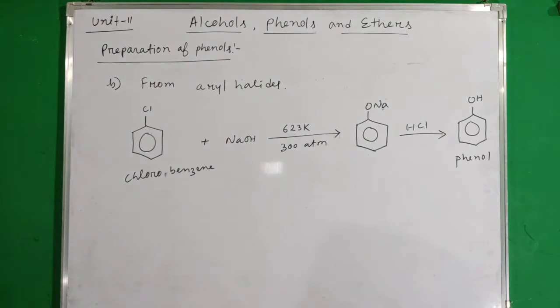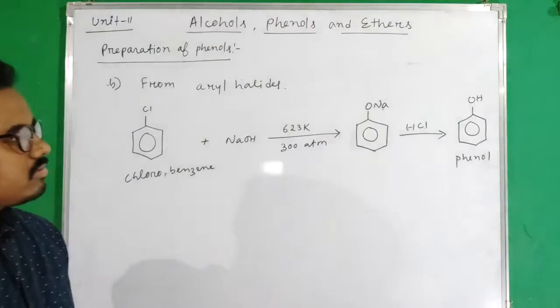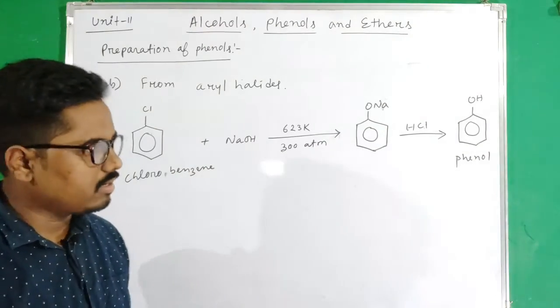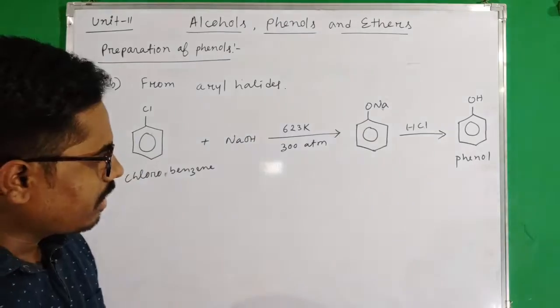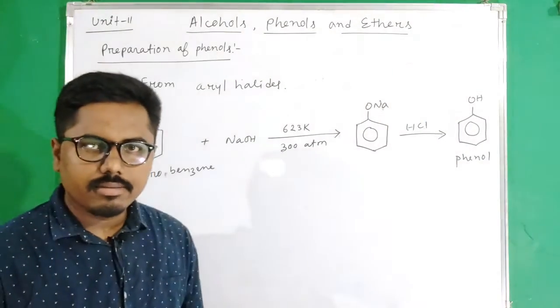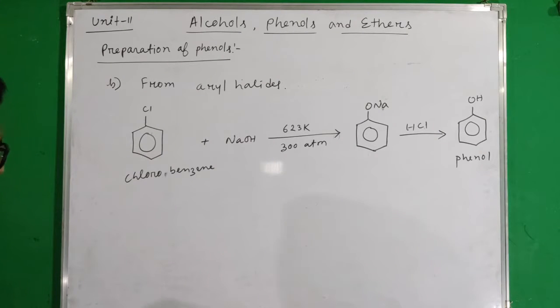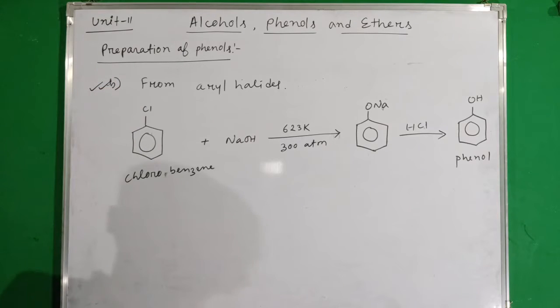First chlorobenzene is treated with sodium hydroxide at 623 Kelvin temperature and 300 atm pressure, and then chlorobenzene is converted into sodium phenoxide, and the sodium phenoxide is treated with HCl, and then the final product is phenol. So we can prepare phenol from aryl halides also.